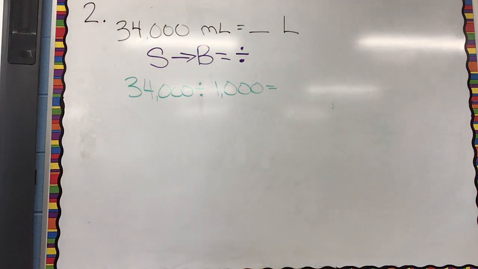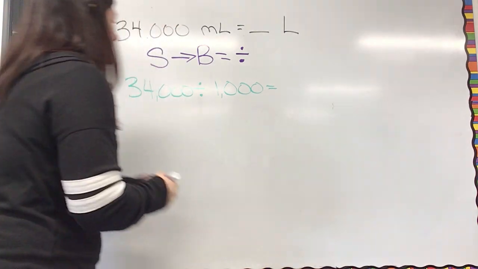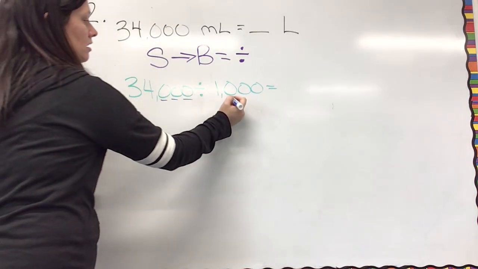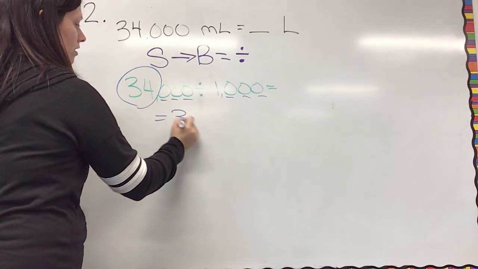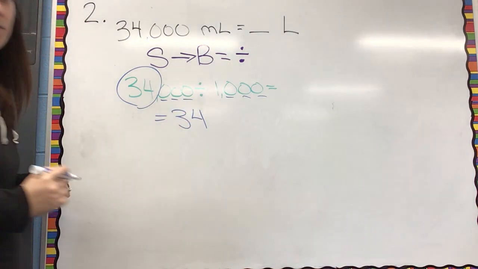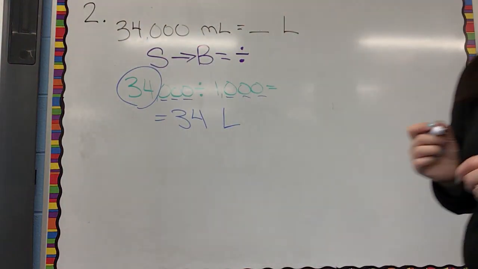Now, ladies and gentlemen, this should be mental math here. What do we think? Yeah, just 34. My zeros can cancel each other out here. 1, 2, 3. 1, 2, 3. 34. Mental math here. 34 liters. L, capital L for liters.